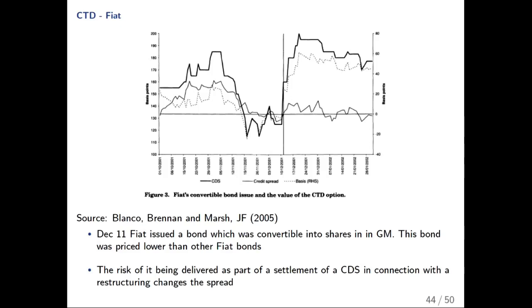Here is an example from Fiat, the difference between a corporate bond issued by Fiat and a CDS written on that bond. The difference is quite large at points in time, and it's generally positive, meaning the CDS premium is usually larger than the equivalent corporate bond yield.